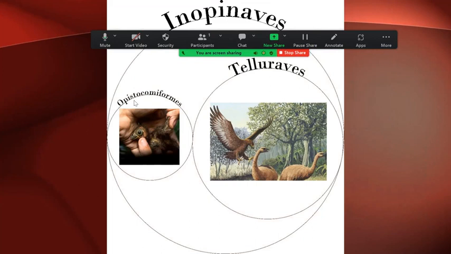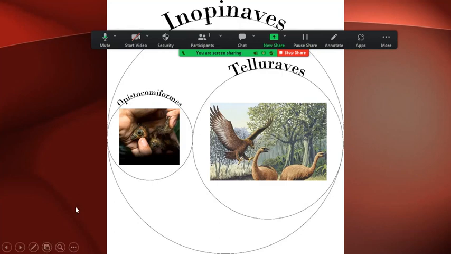But there is also a group that contains just a single family, just a single genus, and just a single species, and that's the Opisthocomiformes. You've seen this picture a couple of times now. This is a picture of a Hoatzin, the really, really cool birds that live in South America and whose babies still have hands so they can climb around in the trees in the forest right after they hatch.